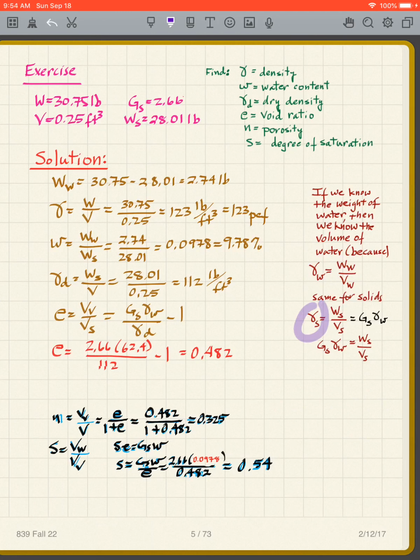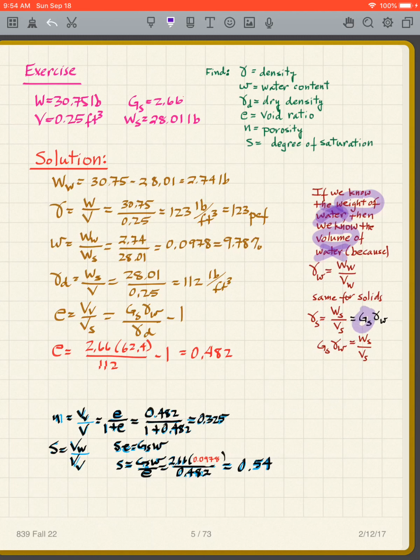But now for gamma S, we know that it's weight of the solids over the volume of the solids. But what is gamma S? Gamma S is not known unless we know Gs. So if we know Gs, then we can say that if we know the weight of the solids, then we know the volume of the solids.